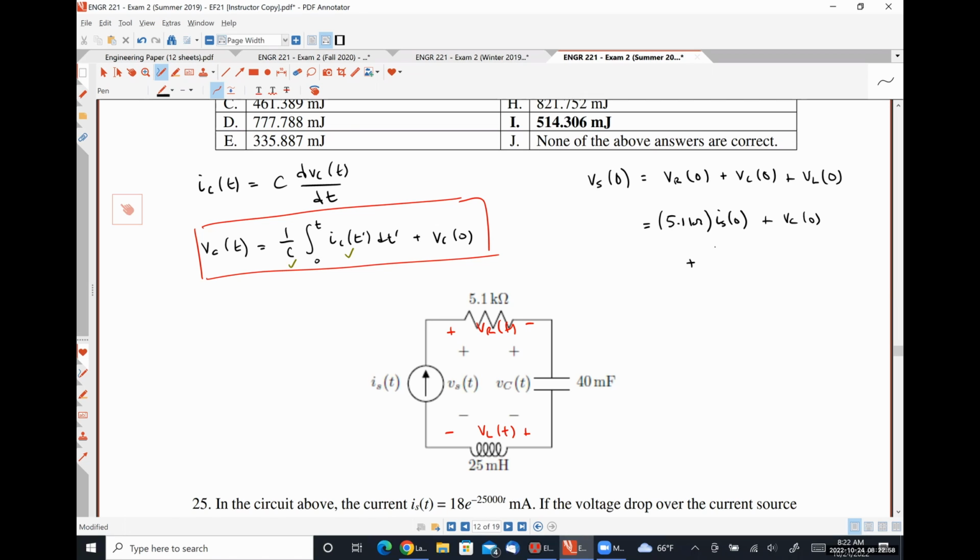VL of 0 is going to be L, which is 25 millihenries, times the derivative of IS of t evaluated at t equal to 0. Let's play around with this a little bit further here.